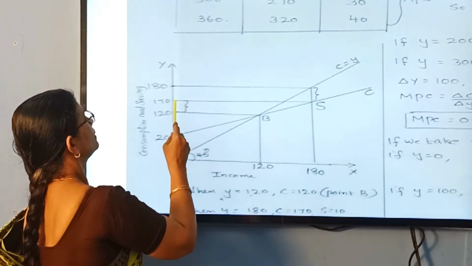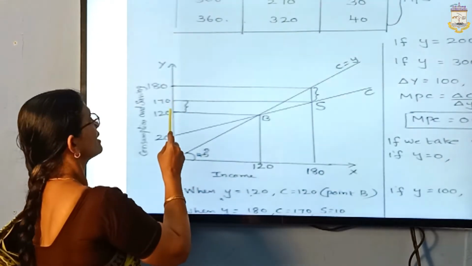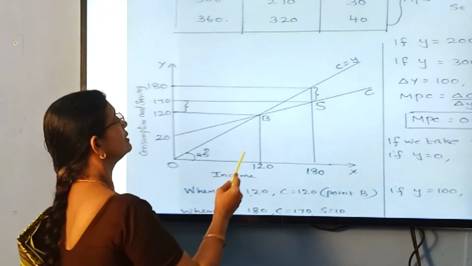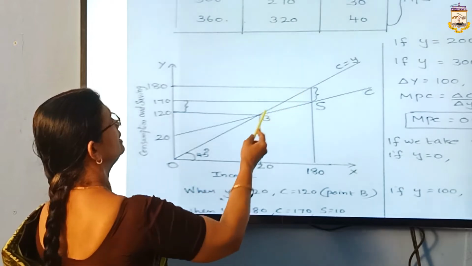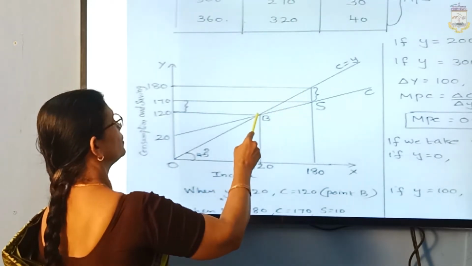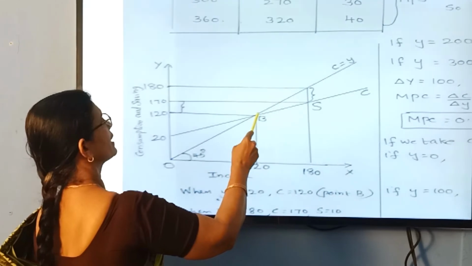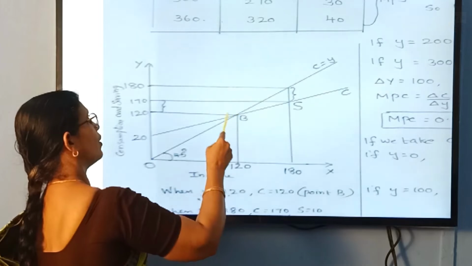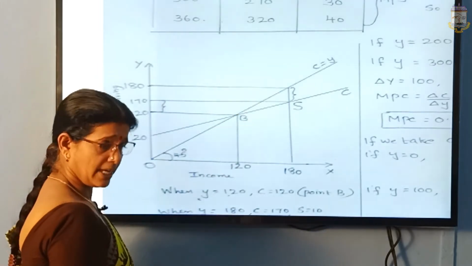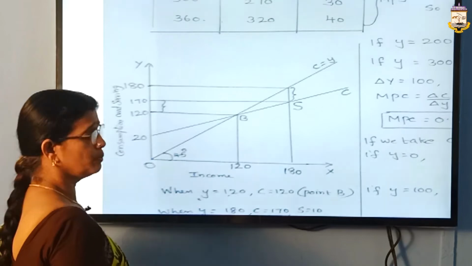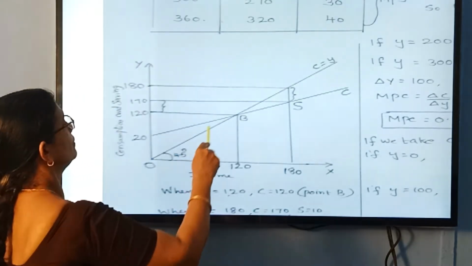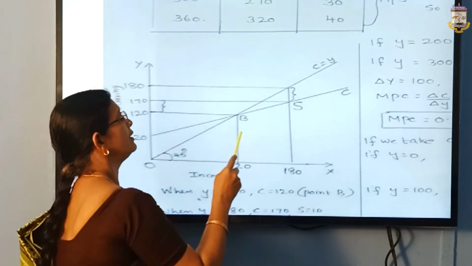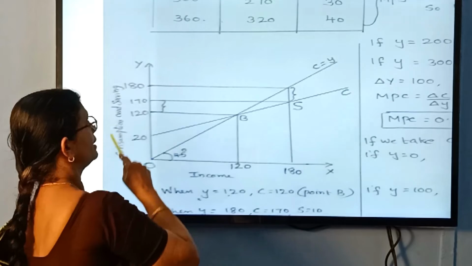This vertical gap represents the increase in consumption from 120 to 170. At this point both income and consumption are equal, and this point is called B, because from here onwards we can explain marginal propensity to consume, or saving starts. So from here, when income increased from 120 to 180, only 170 is consumption.